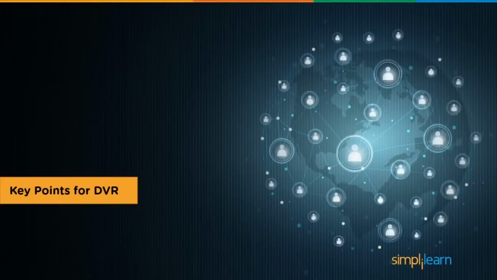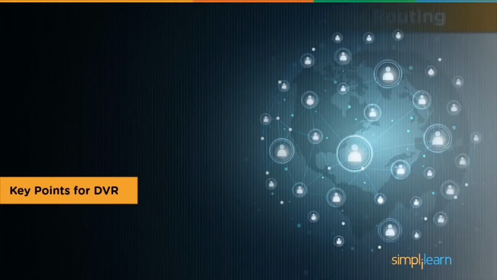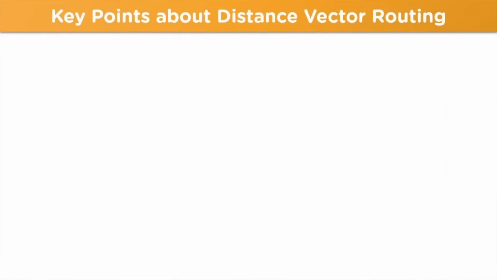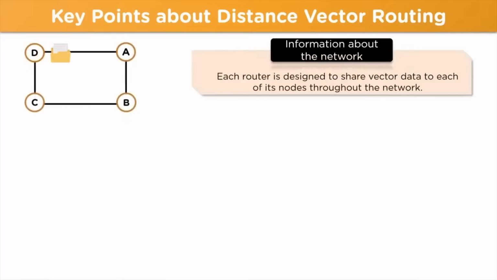Next, we will look into some key points regarding the routing protocol. For the routing protocol, three primary key points are to be remembered. First one being, each router in this protocol is designed to share the vector data of each node throughout the network.